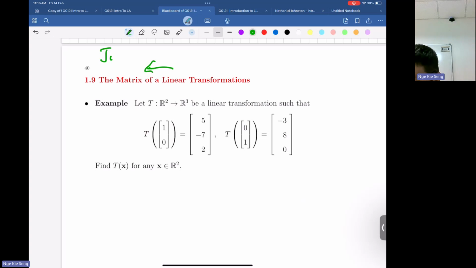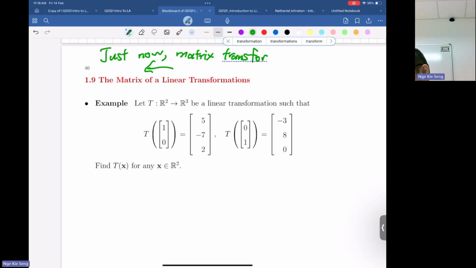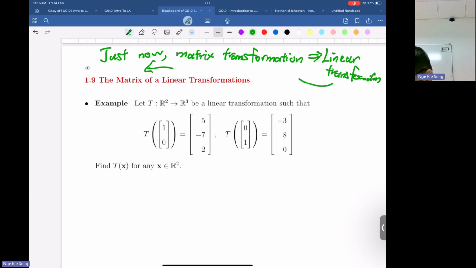Just now, we had a matrix transformation: the matrix-vector product is a linear transformation. Now we're going to go backward. This is the matrix of a linear transformation. If I give you a linear transformation, you can write it as a matrix.